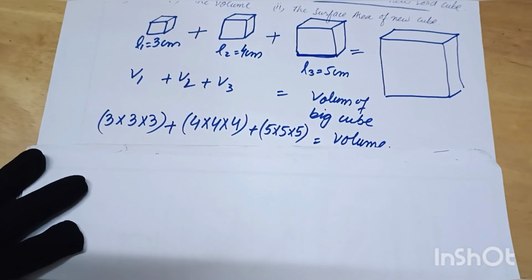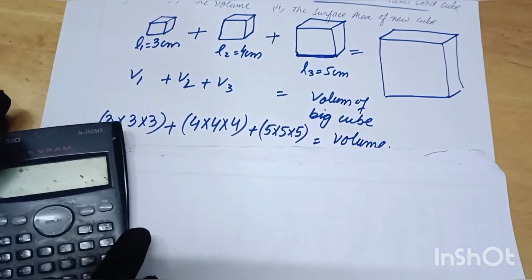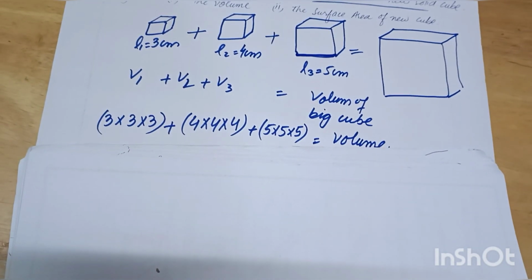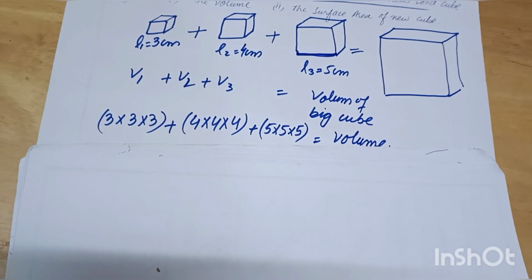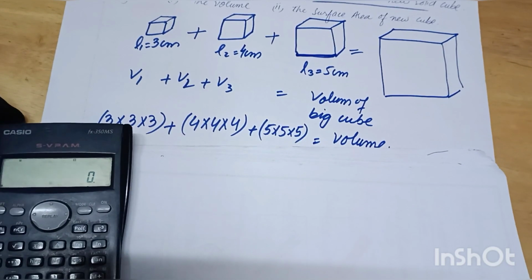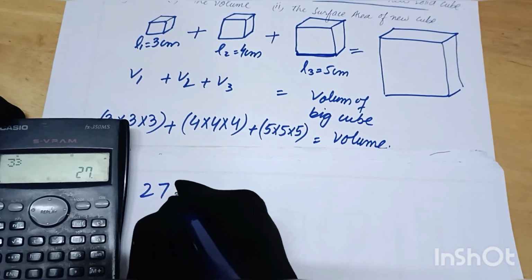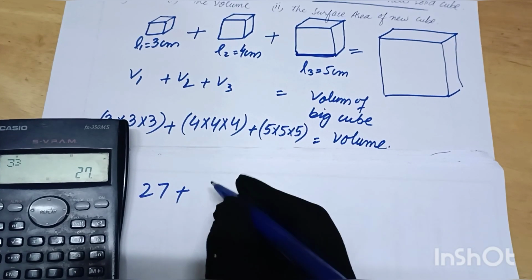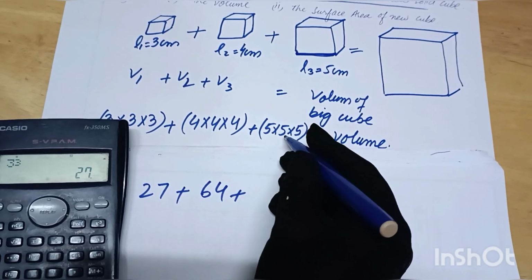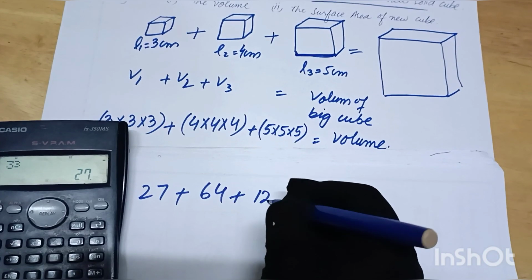3 cube equals 27. 4 cube is 4 4 is 16, 16 4 is 64. 5 5 is 25, 25 5 is 125.